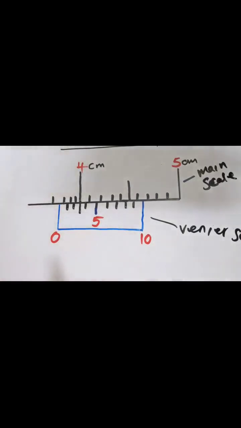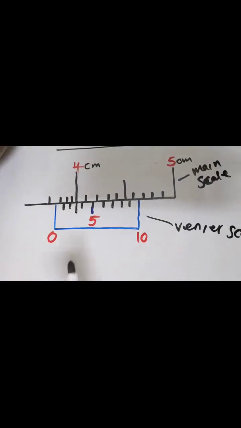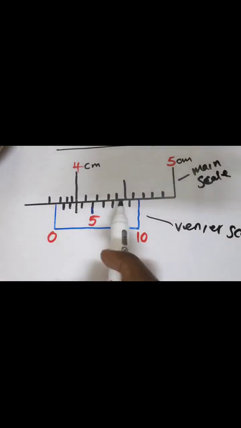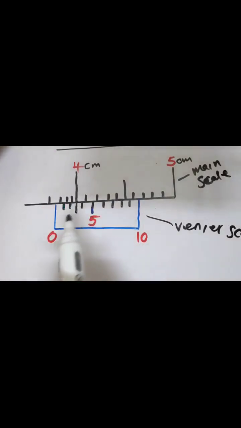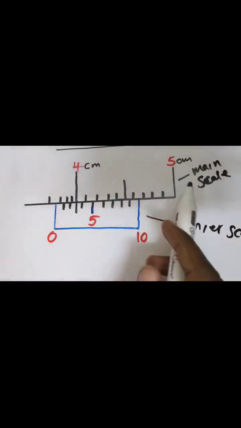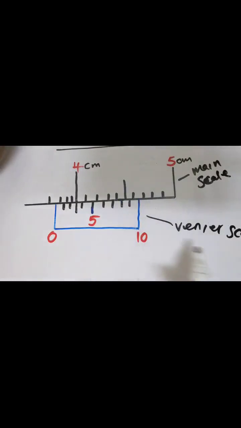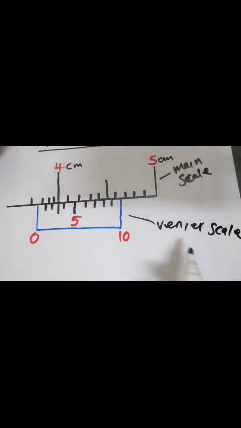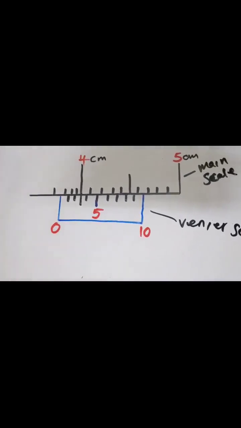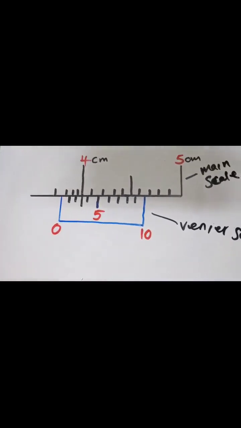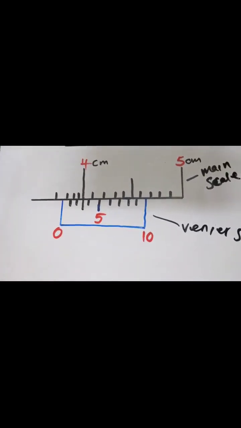You need to find the reading of the main scale as well as the reading of the Vernier scale, so that you find the full reading of the Vernier calipers at which the object is.